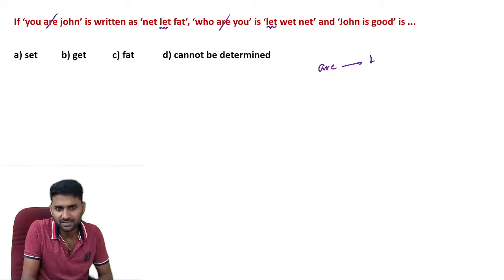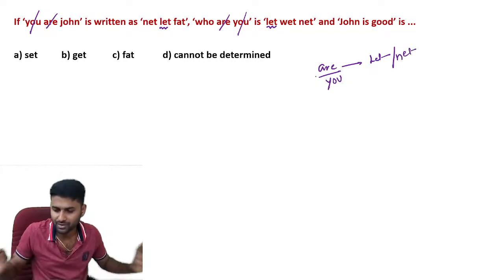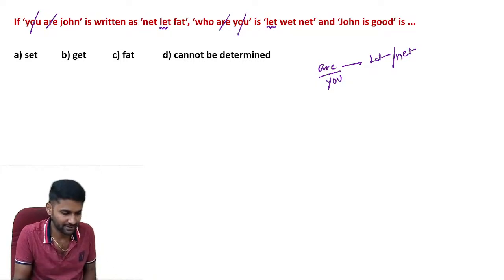R is coded as LET. What about U? That is also repeated here. See, if two words are repeated, we are not sure of a specific code. It can be either NET or LET. So we are not sure of the exact code language for R or U. It can be either LET or NET.